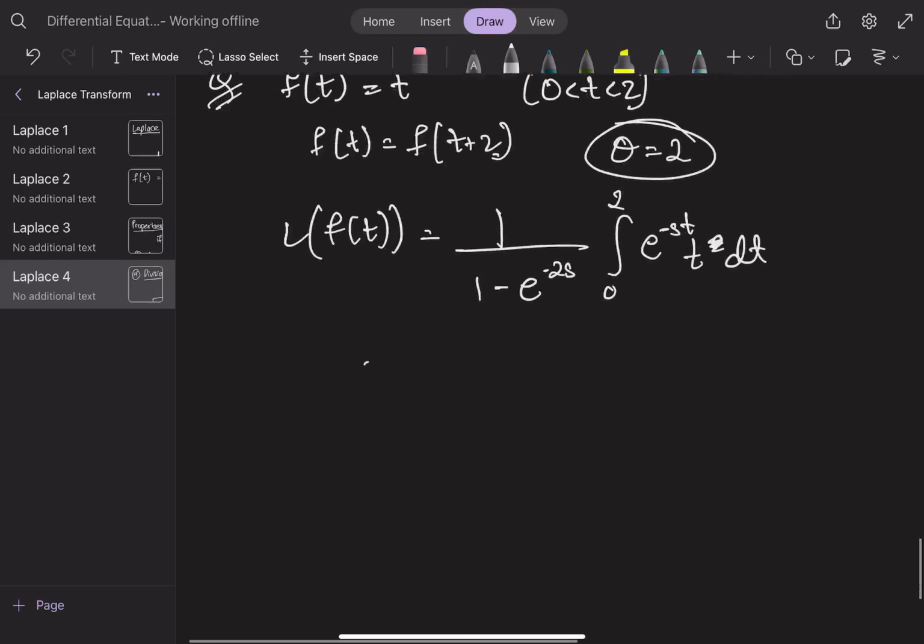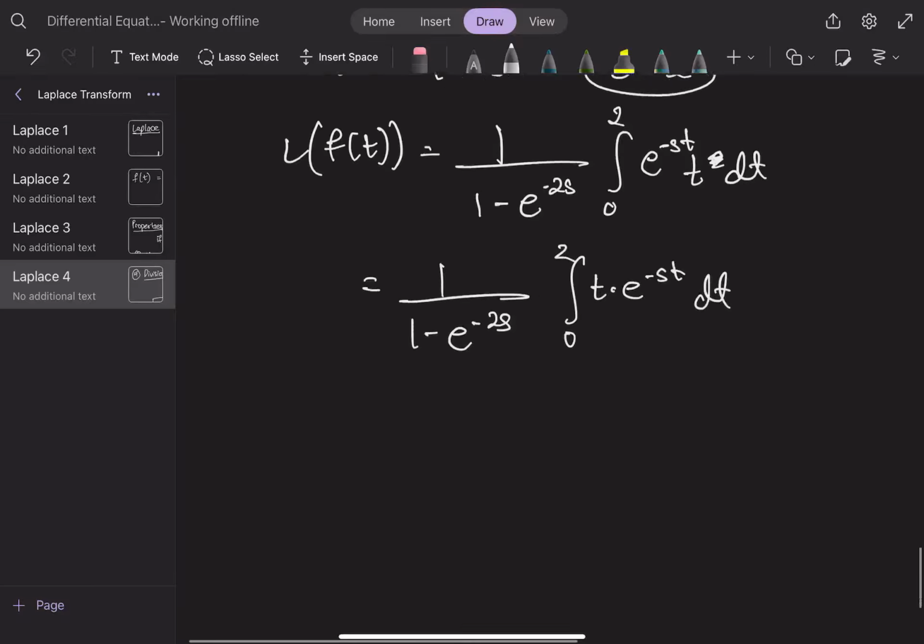So let's solve this. 1 upon 1 minus e raised to minus 2s. Here guys, again you need integration by parts. So I'll be writing this as the integral from 0 to 2 of t multiplied by e raised to minus st dt. Remember the shortcut I told you.